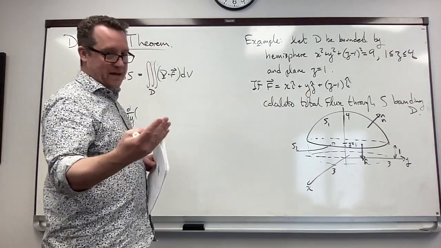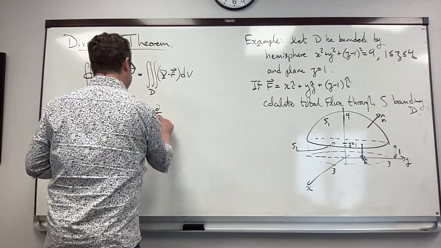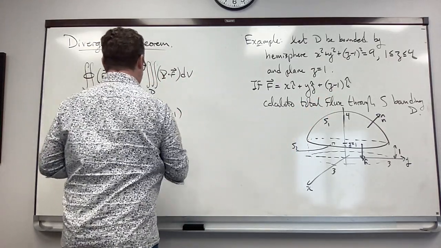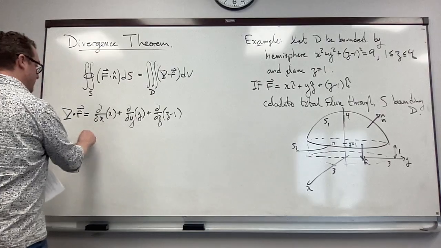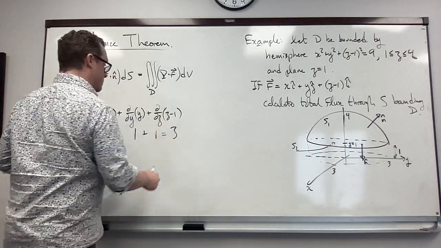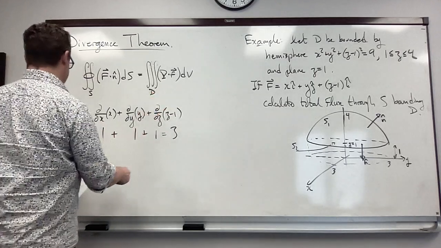You can see this is set up to give a simple result. Plus ∂ by ∂z of the z component, z minus 1. Right? So this equals 3. 1 plus 1 plus 1.